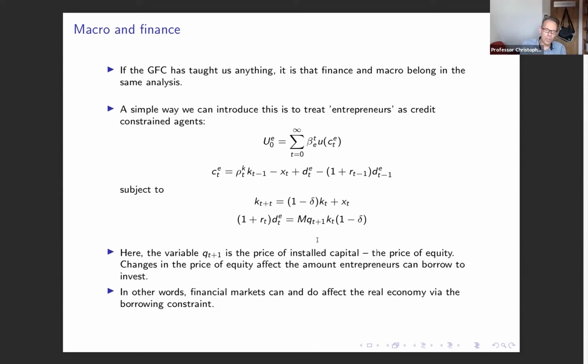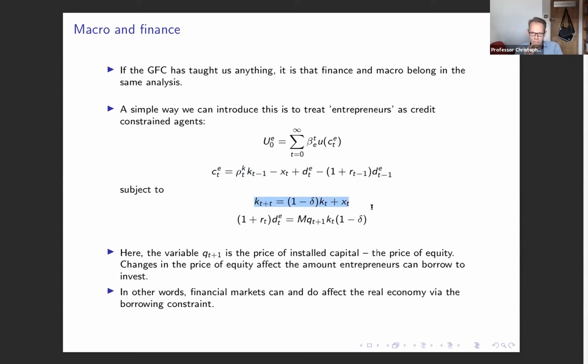So if you think of an entrepreneur, he receives utility, and he has a constraint. This is the budget constraint of the entrepreneur. D would be what he can borrow. This is his income, which is the return from renting capital, etc. He accumulates capital just like the firm did in the RBC model.